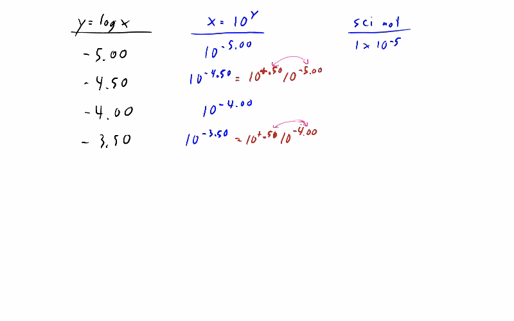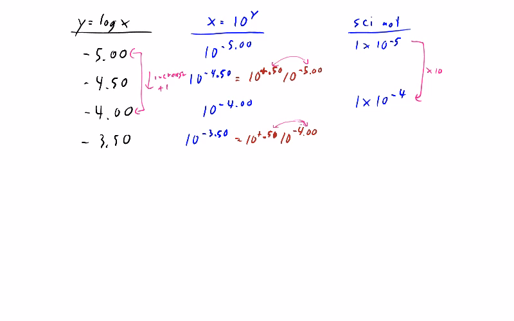Third row is just going to be 1 times 10 to the -4. And looking over at the logarithms, we dropped by 1. I'm sorry, we actually increased by 1. So we're going up. We increased by 1 in the logarithm, but we went up times 10 in our scientific notation.